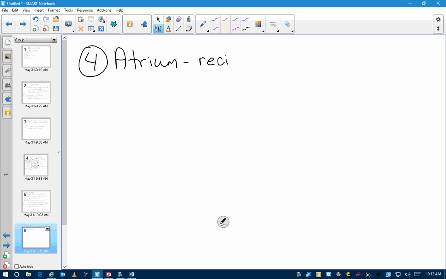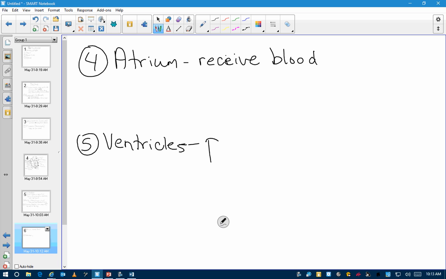I before E, except after C. Atrium receive blood, and let's just say ventricles. Ventricles. So they, let me see, how do I make it simple? Pumps blood out. What's out of the heart?